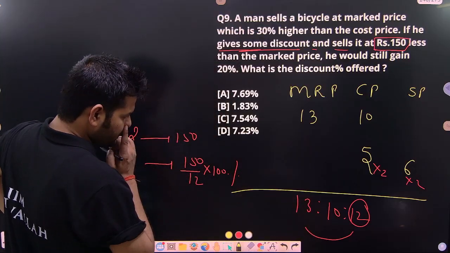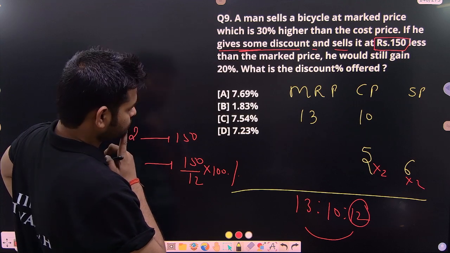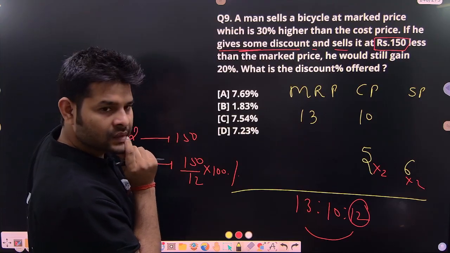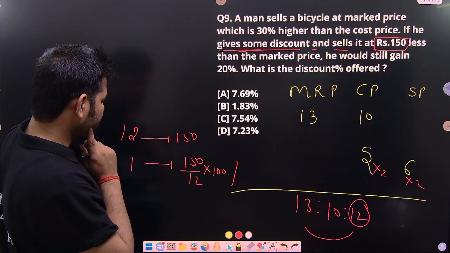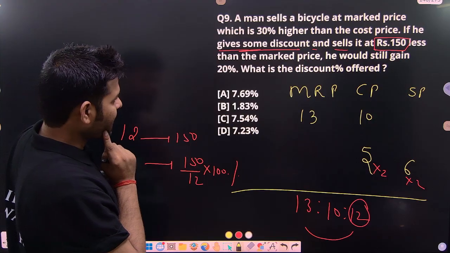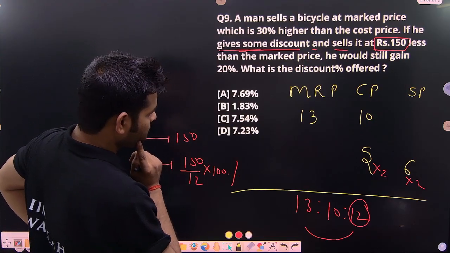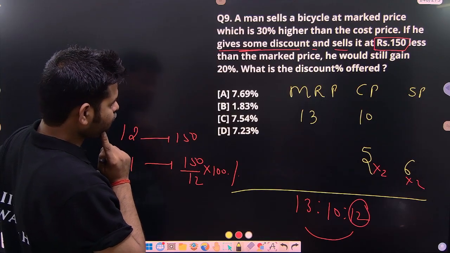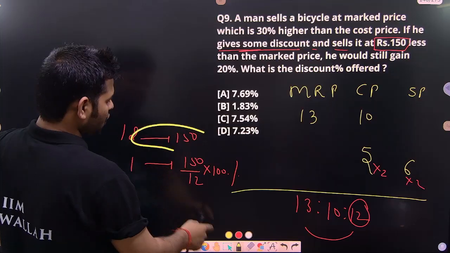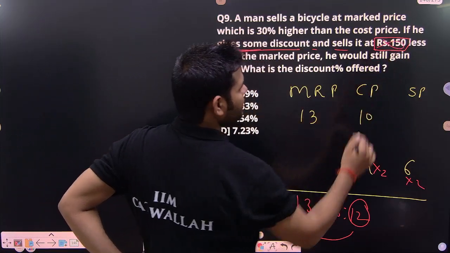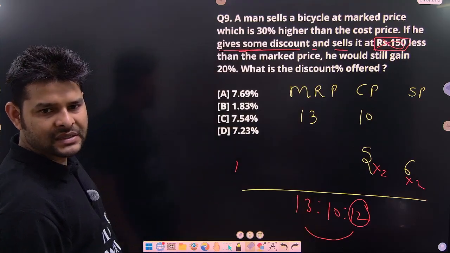So basically 13 minus 12, 1. And we have been asked discount percent. For the discount percent, this value is not going to make any hassles.